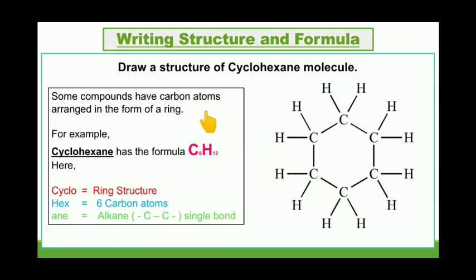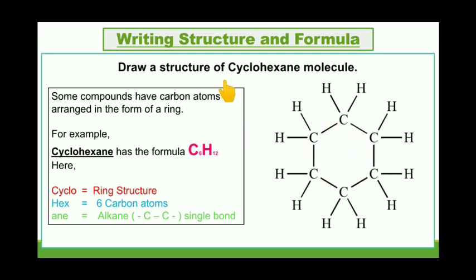Now let us draw the structure of cyclohexane molecule. Now don't be afraid. Cyclo means it is a ring structure, closed hydrocarbon. Hex means 6 carbon atoms and ane indicates that it is alkane having single covalent bond. So let's try this out. Some carbon compounds have carbon atoms arranged in the form of a ring.